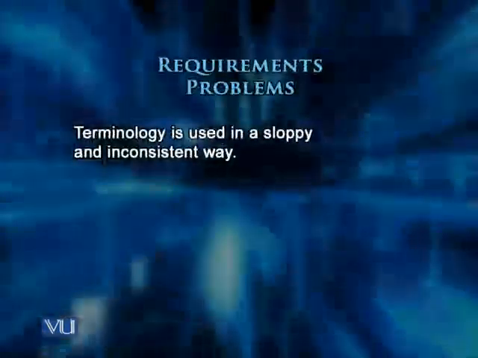Sometimes the terminology is used in a sloppy and inconsistent way. Somewhere the requirement writer or the customer will use one term to mean one thing, and at another part of the document or in another setting, the customer would use the same term to mean something else.